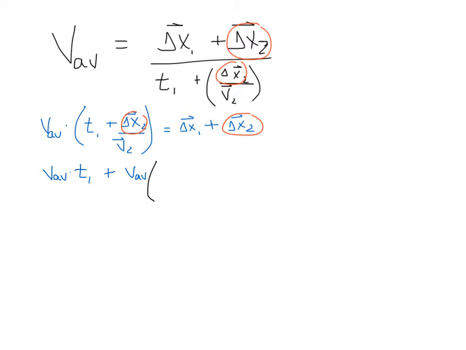Average velocity times delta x2 over velocity 2. All right, see what I did? I distributed the average velocity to the t1 and into that fraction right there. If you multiply it by that fraction, it really just goes up in the numerator, right? All that equals delta x1, displacement 1, plus displacement 2.